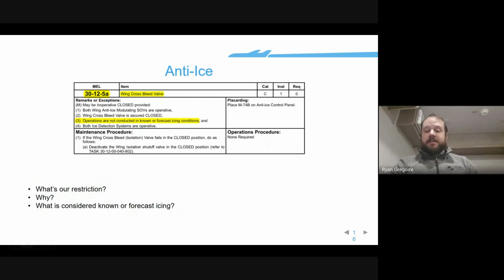So again, we're just talking about a crossbleed valve, something pretty minor, but because that could cause our anti-ice system to be less effective or less functional, we're not going to take the risk of sending this plane into conditions where it could start collecting ice.